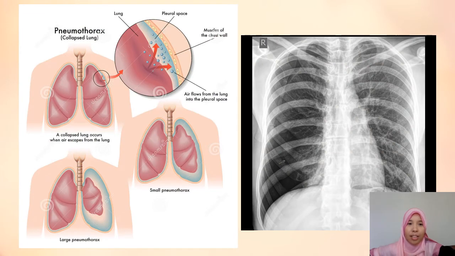In this slide you can see the pneumothorax, or the collapsed lung that we talked about earlier. You can see in the X-ray the region of collapsed lung. Right over here there's an area that's empty, where the lung is supposed to be, but it's been pushed in because of the puncture.